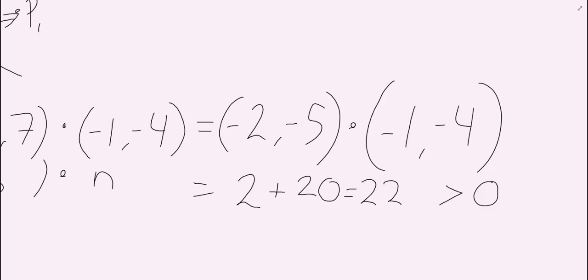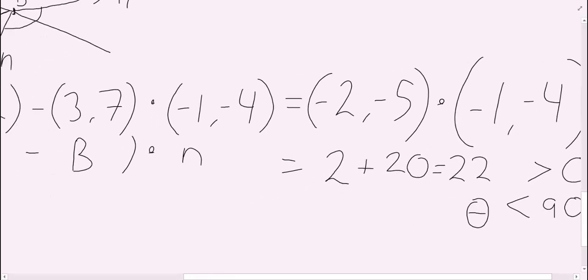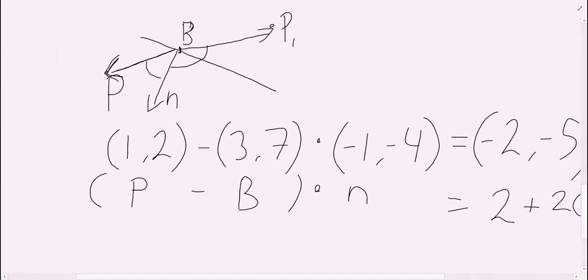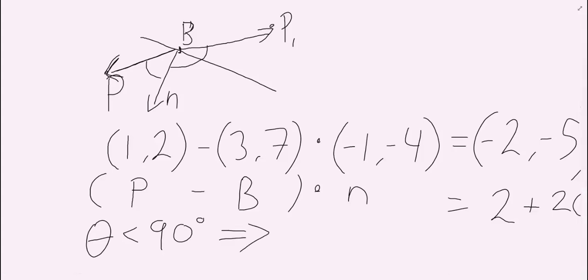And if the dot product is greater than 0, that means the angle is less than 90 degrees, and if the angle is less than 90 degrees, that means that P is at the front side.